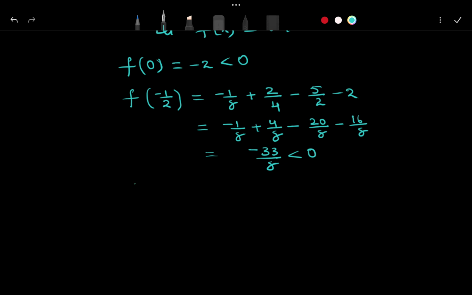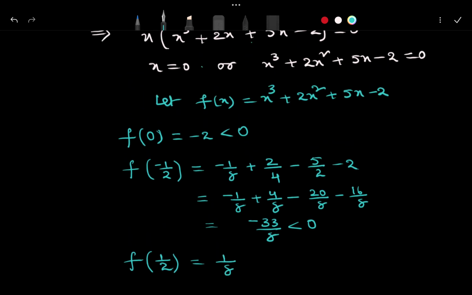And f of 1 by 2, how much is this value? Plus 1 by 8, plus 2 by 4, plus 5 by 2, minus 2.